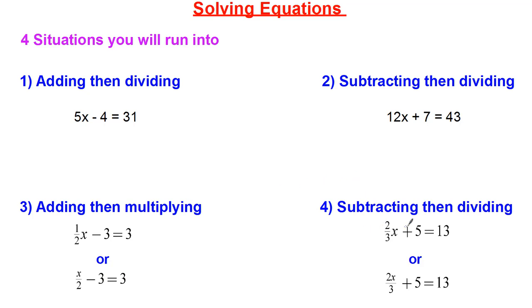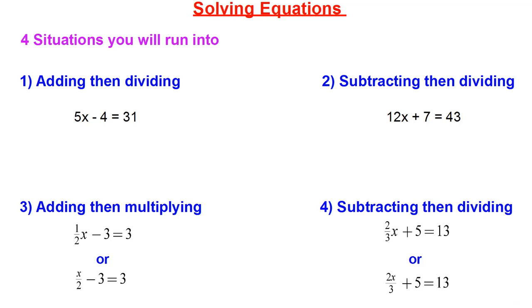And then lastly, subtracting and then dividing. So over here we have a fraction, 2/3 of x plus 5 is going to be equal to 13. And then the same thing is going to be 2x over 3 plus 5 is equal to 13. Now, we'll show you in class why these two are equivalent.